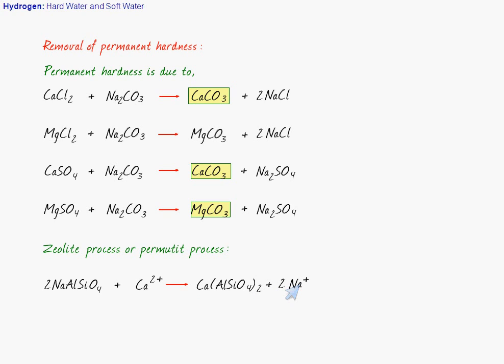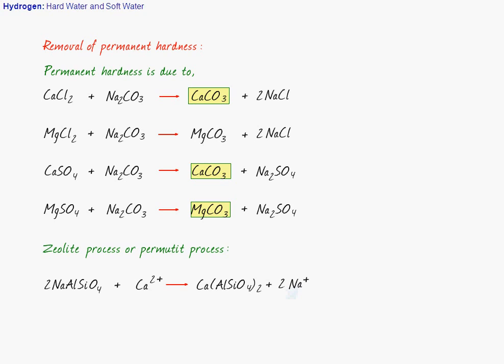Similarly, we can also write down the reaction with magnesium, which will give us Mg(AlSiO4)2 and 2Na+. The zeolite or permutit can be regenerated by treatment with sodium chloride solution.